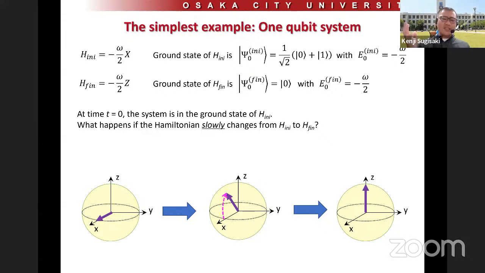So if the variation is very slow, the quantum state will follow the change of the Hamiltonian, and finally we can obtain the plus z state.